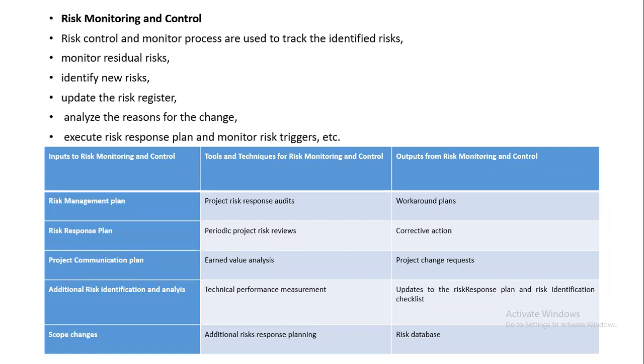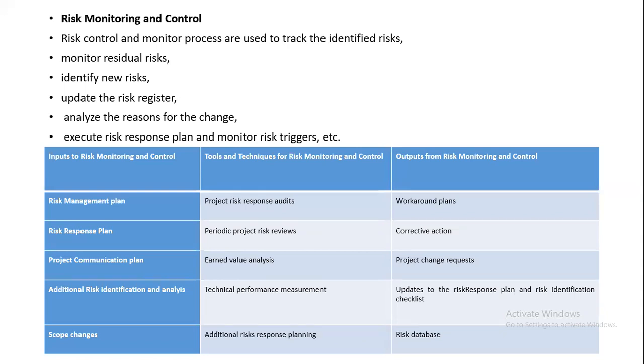How many risks are there? Because we identify many risks but if we do not make any record, we can't understand who has identified what risk, how many risks are identified, and what monitoring is done. Everything needs to be checked. So in this control and monitor process, we are going to track the identified risks and monitor the residual risks also.